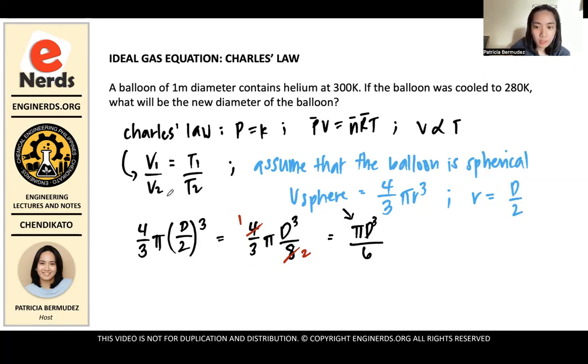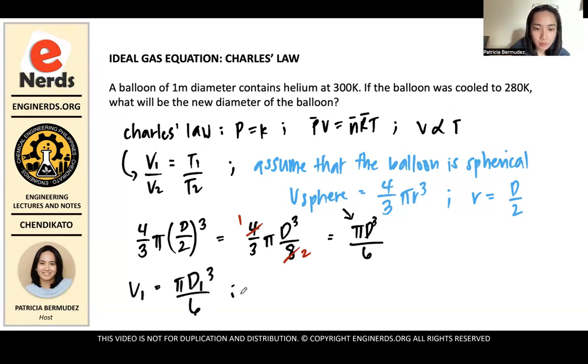So V1 is actually pi and then D1, which is the diameter of the balloon when we're talking about the initial volume. So pi D1 cubed over 6.